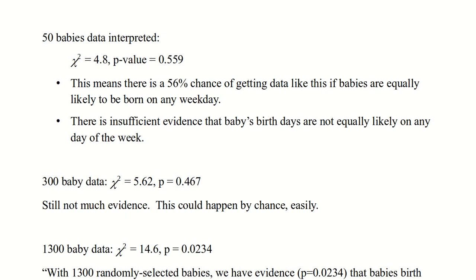But we can be a little bit more sophisticated and we can see what happens when we get more data. So now let's look at 300 babies' birthdays. We now have a chi-squared of 5.62 and p is about 46.7%. Again, that could have happened simply by chance.